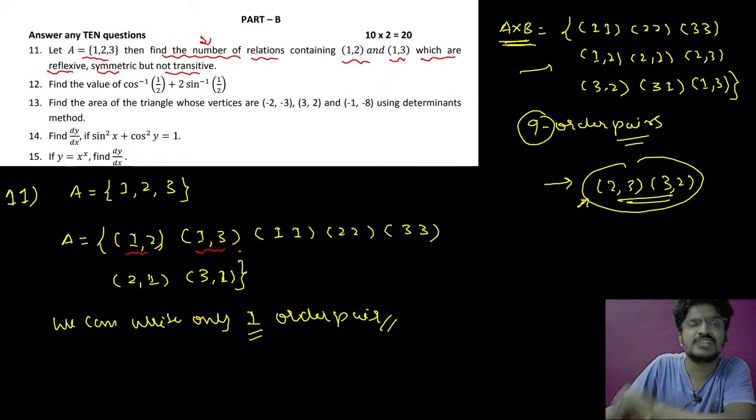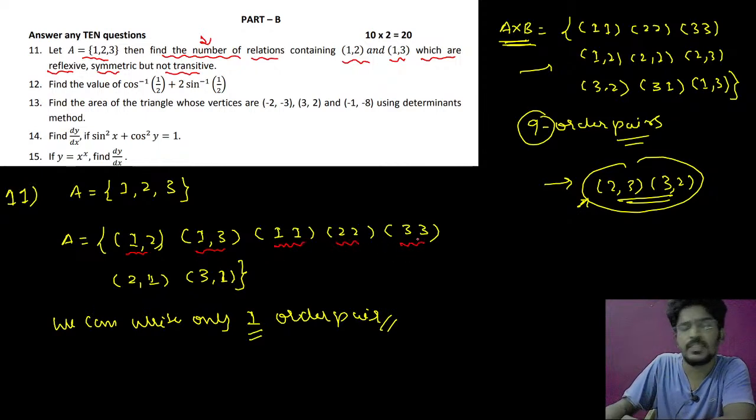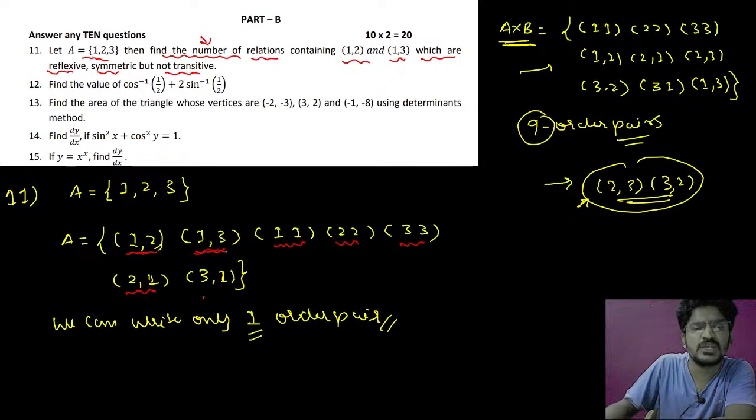The relation has to be reflexive, which means we should write (1,1), (2,2), (3,3). Now it has to be symmetric: if (1,2) is present, (2,1) must be present, and if (1,3) is present, (3,1) must be present. Now it is reflexive and symmetric, but it should not be transitive.